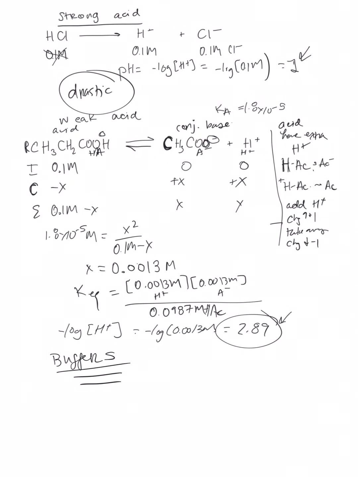Let's say we have our 0.1 molar HCl, and that gives us a pH of 1. So let's say we add nitric acid, HNO3, another strong acid, until we have a final concentration of 0.005 molar.